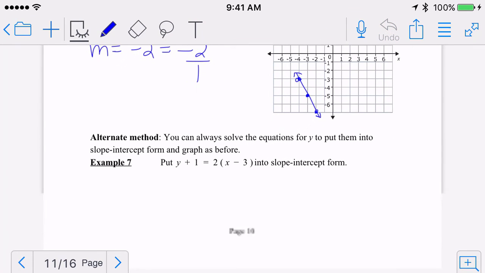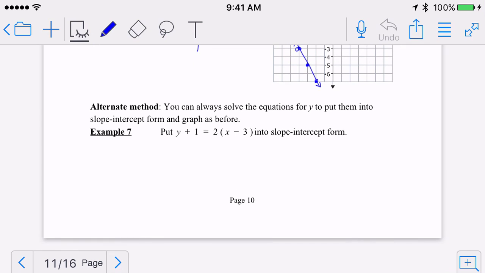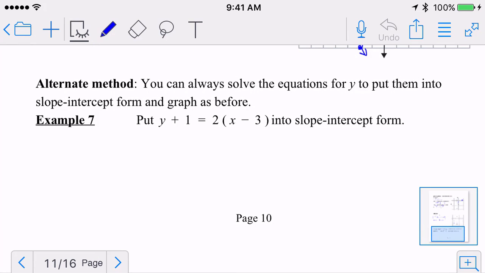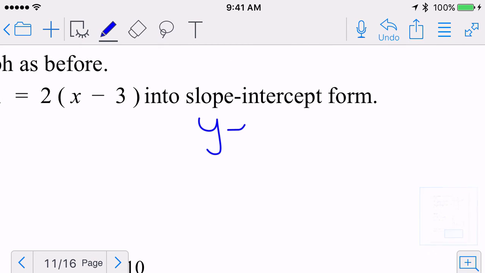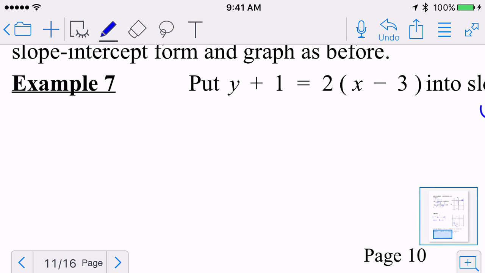If you want to double check yourself, just make sure that our slope is moving down from left to right since it's negative. One more thing here is an alternate way to handle these. We can always just put them back into slope-intercept form and then graph it that way. So let's remember what slope-intercept form is. y equals mx plus b. The first thing we're going to want to do here is distribute our slope to get rid of those parentheses.